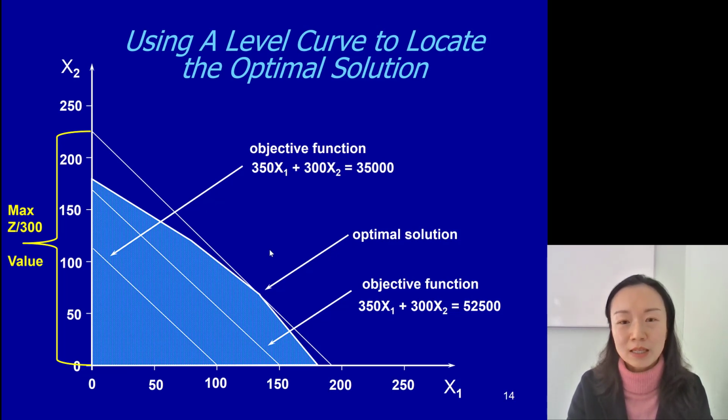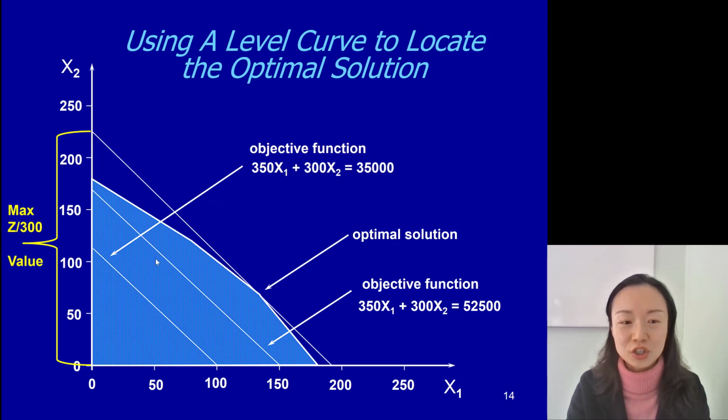So to find that optimal solution, we need to satisfy two conditions. One is that the point needs to be within this feasible region. Okay, like this corner point, it is right on the edge, right on the corner, but it is still within that feasible region.